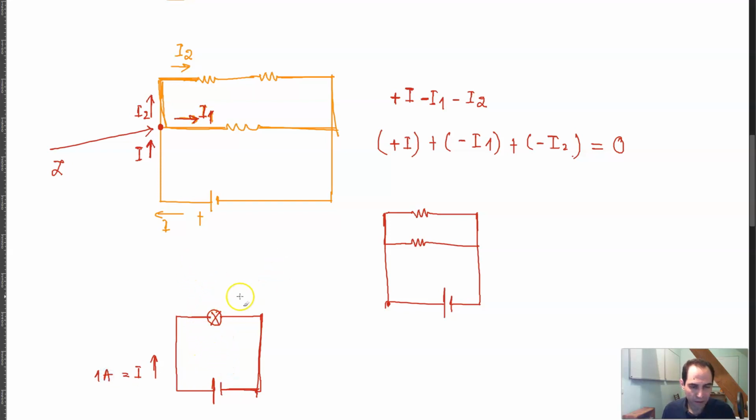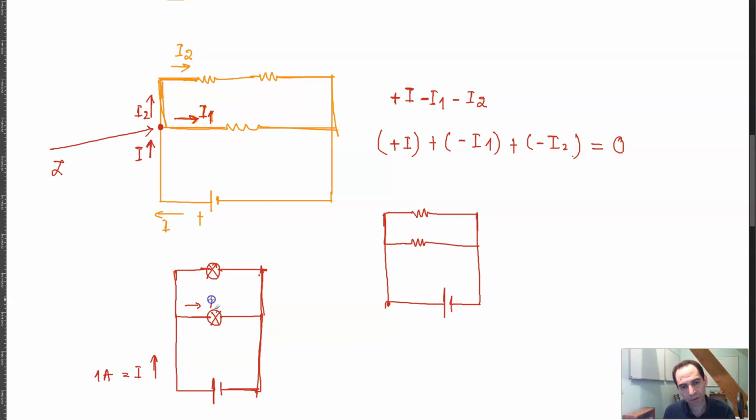Now, if you want to connect a second lamp, you would normally connect it in parallel with the first lamp, which would be this thing over here. And again, assuming that it's the same type of lamp, it draws the same type of current.